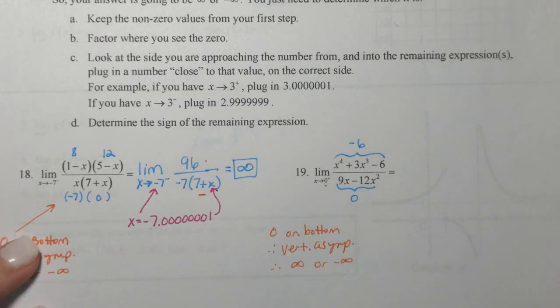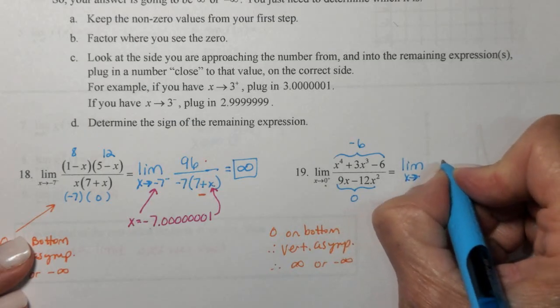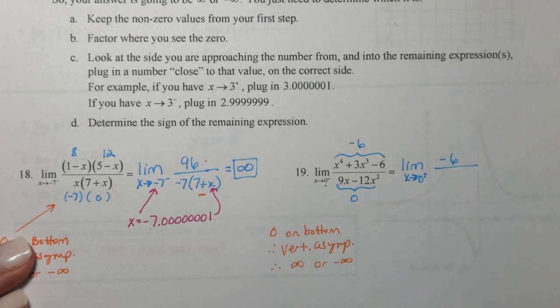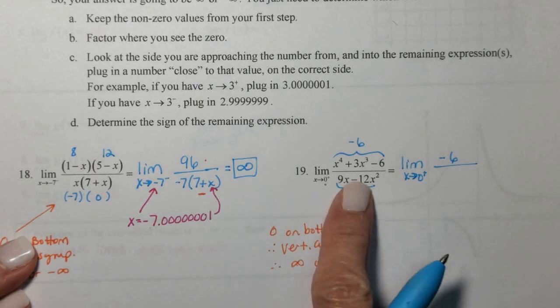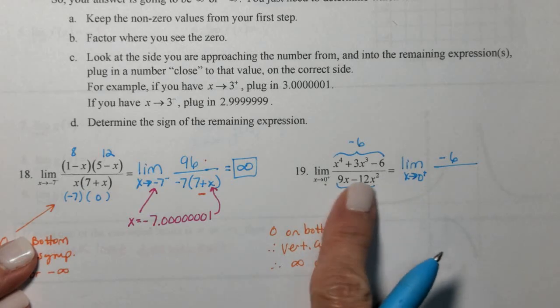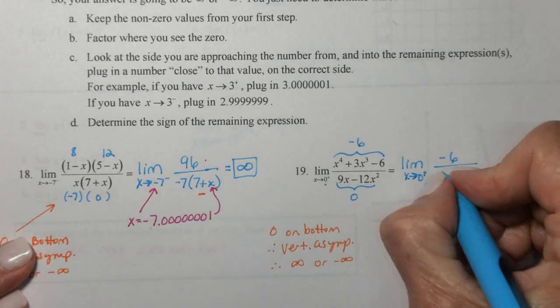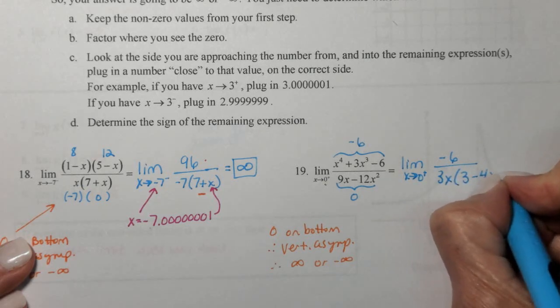So in this one, I am going to rewrite my limit again. I'm going to go ahead and put the -6 on top. That stays. On the bottom, I'm going to factor. I want to find out, yes, there's 0 on the bottom, but I'm not sure where it's at, so I'm going to factor this. I can take out a 3x, and I'm left with 3 minus 4x.